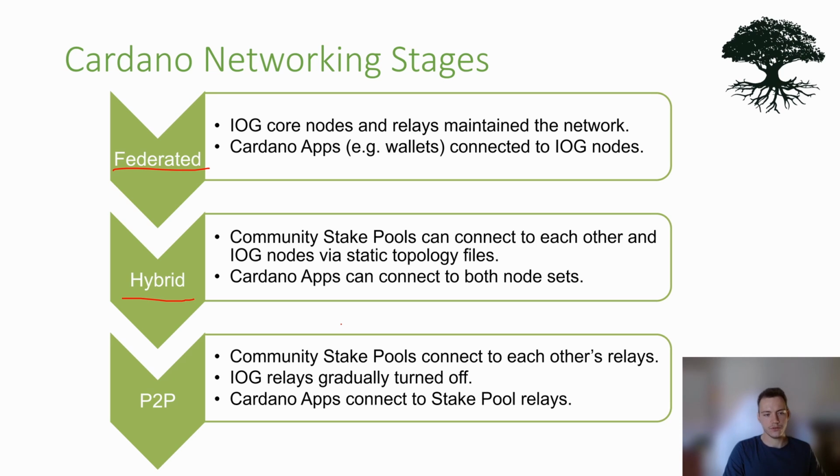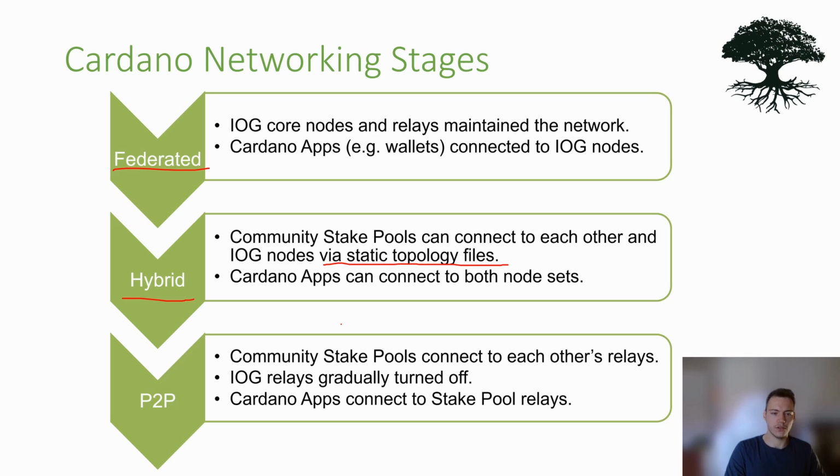We then progressed to the hybrid stage with the introduction of the Shelley era, in which community stake pools started producing blocks, and currently community stake pools produce all the blocks on the Cardano network. And the way they network between each other is that they connect to a set of peers that they define in the static topology files of the nodes.